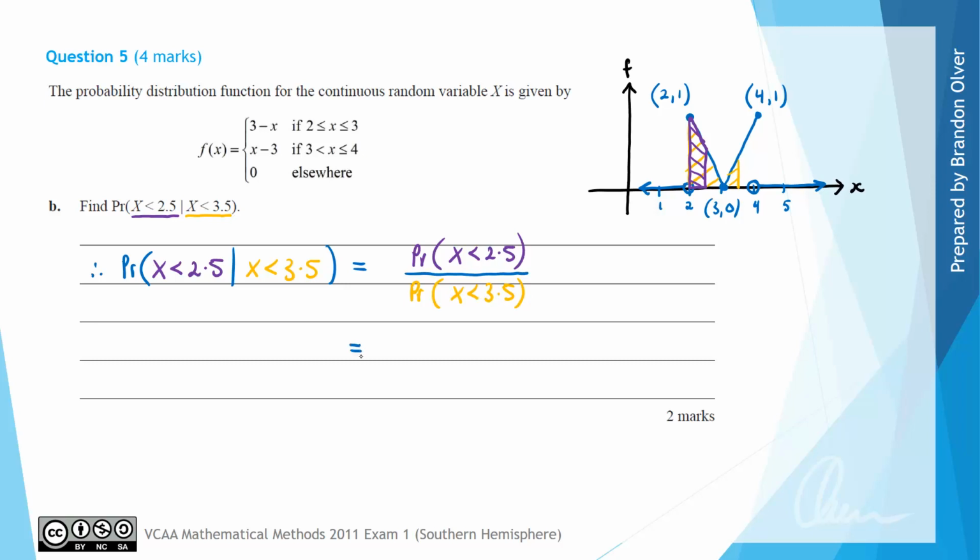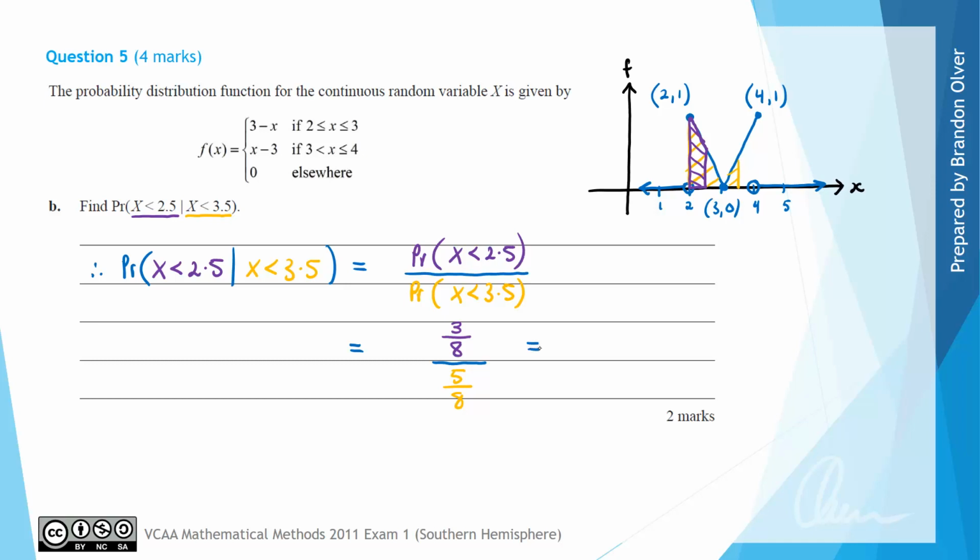So this is going to equal, and the area of the purple region we can find using the area of a trapezium, or we can do the area of a larger triangle minus the area of a smaller triangle. And either way that you do that, you find that it is 3 divided by 8 in size. And then we're going to divide that by the probability x is less than 3.5, which was the answer to part A, which was 5 on 8.